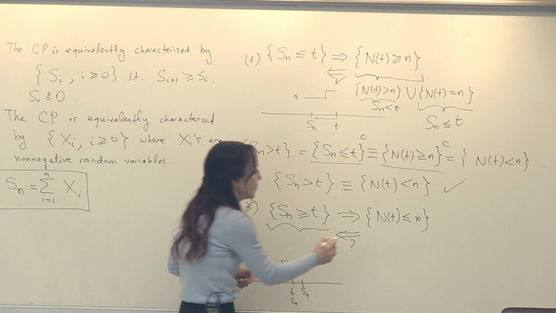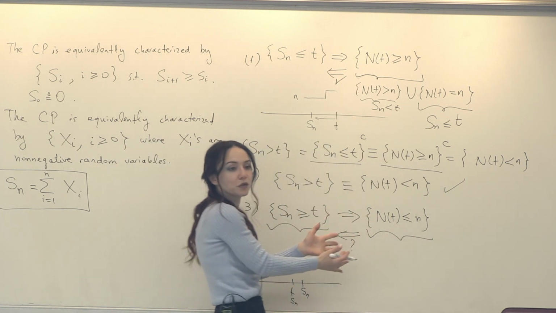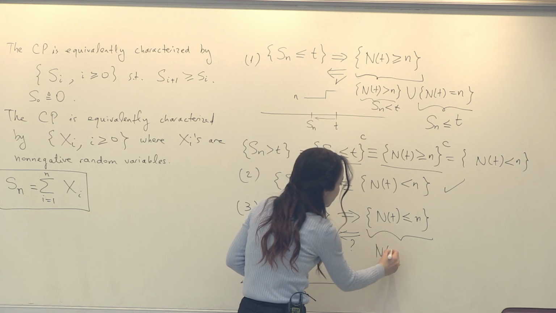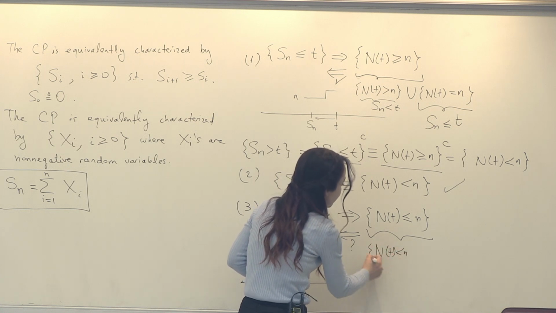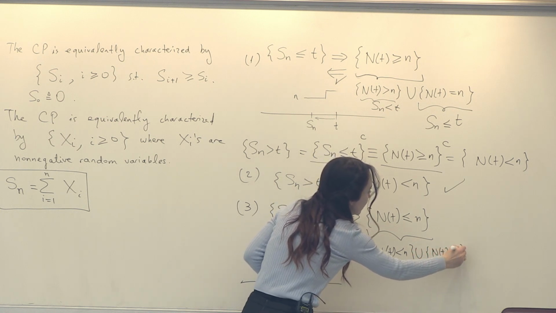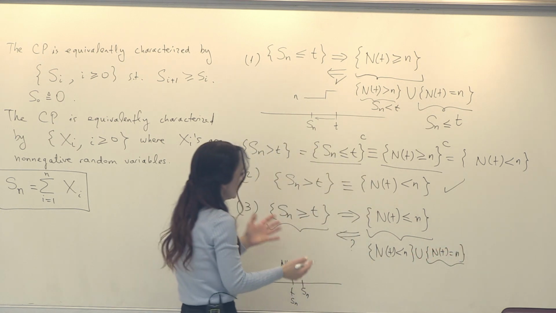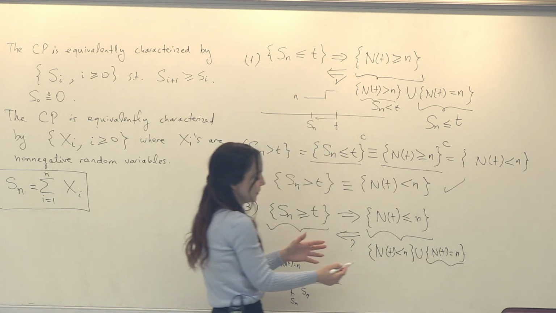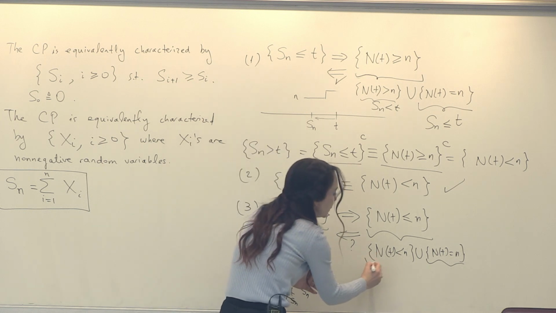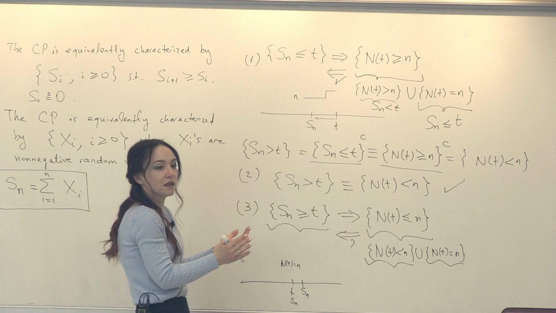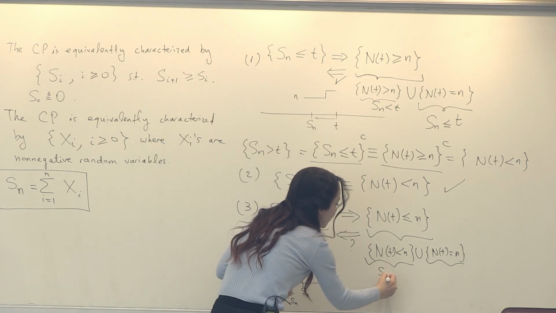Right. Another way of seeing this, we can break it into two, like we did over here. This is the union of N(t) is less than n, and N(t) is equal to n. Let's do this case first. In this case, N(t) is less than n. Clearly, Sn is bigger than t.